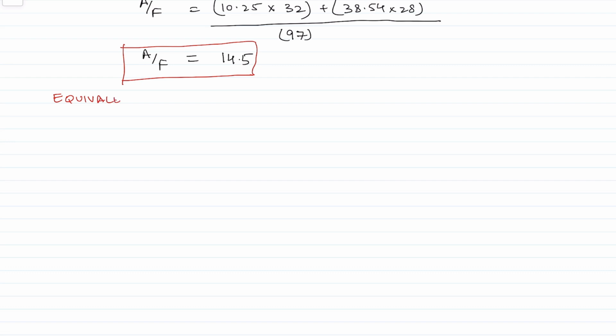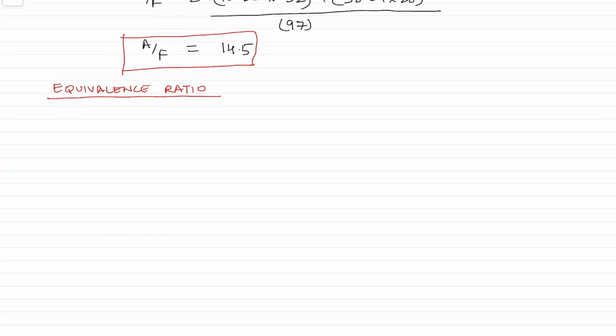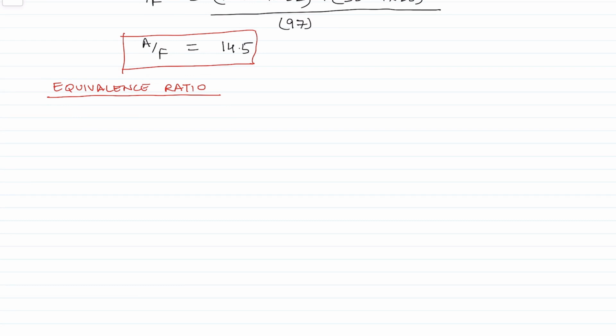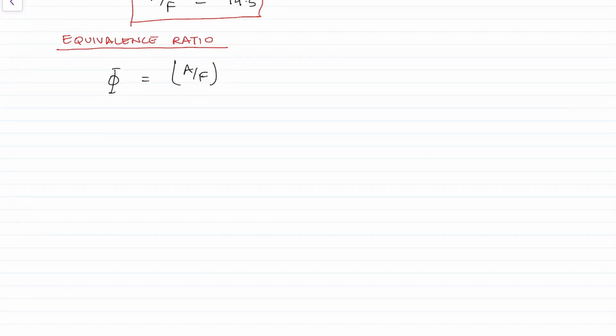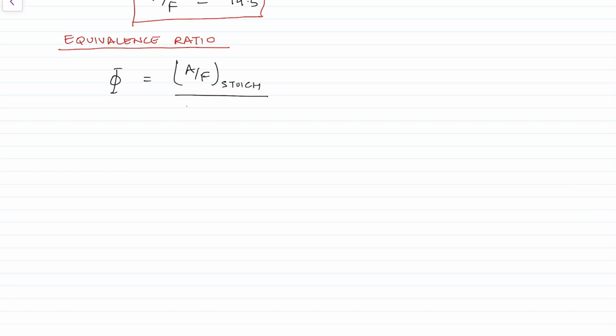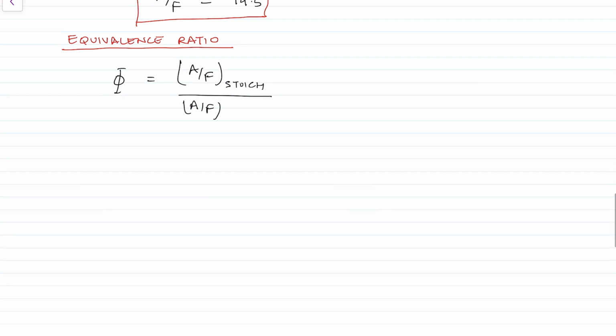The next concept is equivalence ratio. Equivalence ratio, another important parameter denoted by phi, is given by A by F stoichiometric divided by A by F ratio actual.